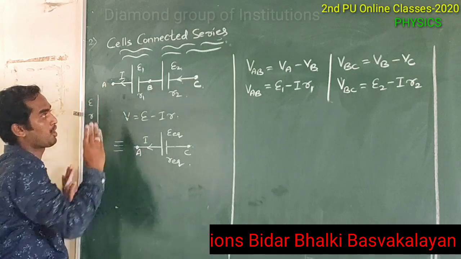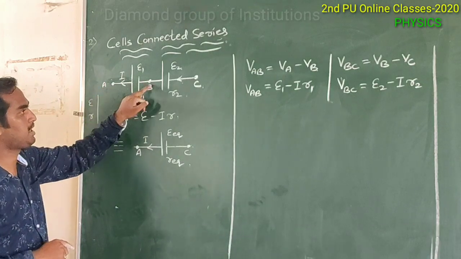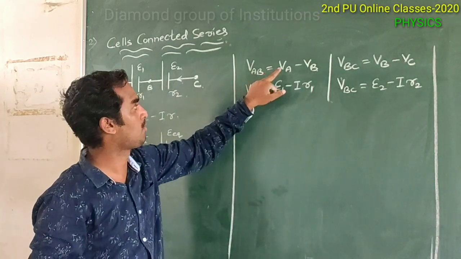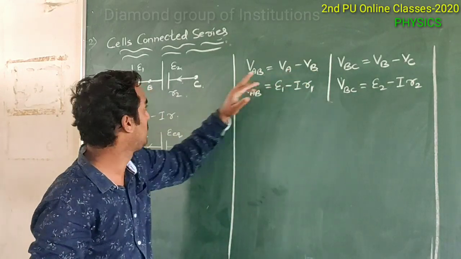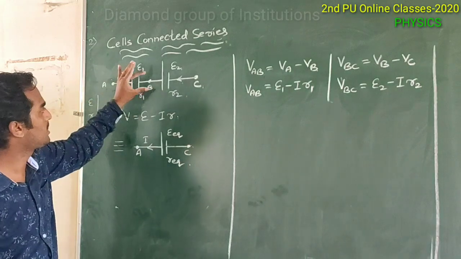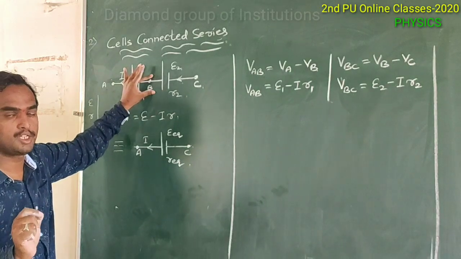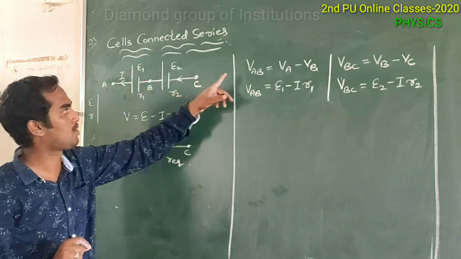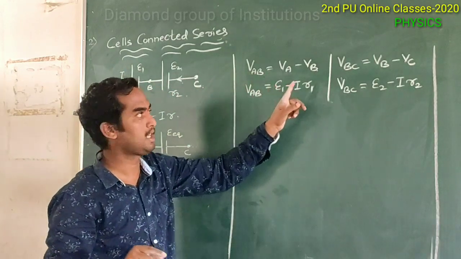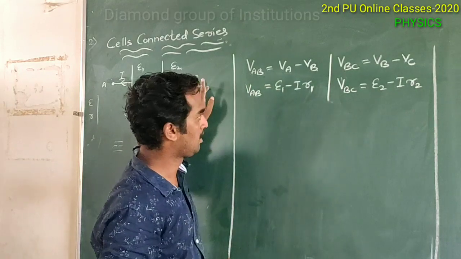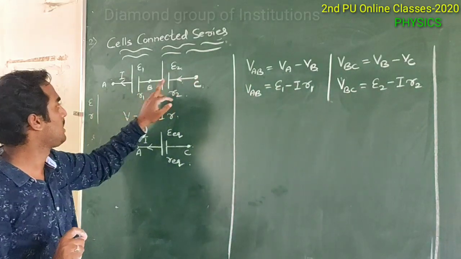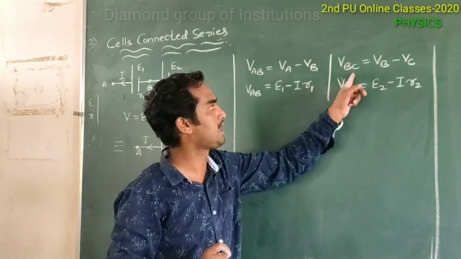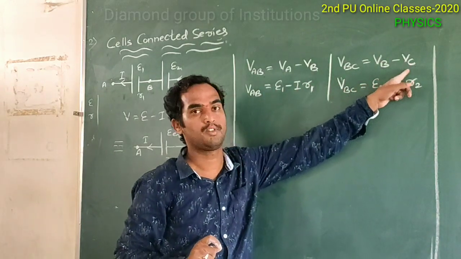What is the potential difference across A and B? VAB equal to VA minus VB. The potential difference is measured between the two points A and B; that is called VAB. Similarly, the second cell is between the points B and C, so we can write VBC equal to VB minus VC.